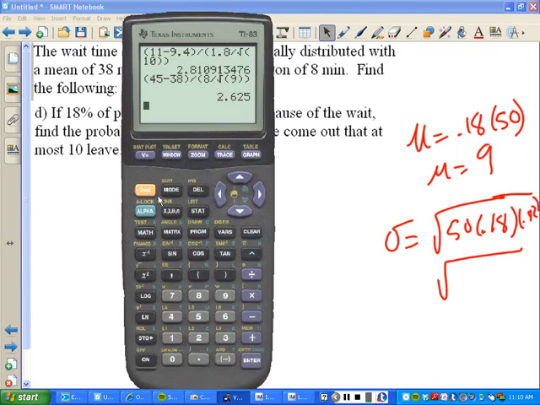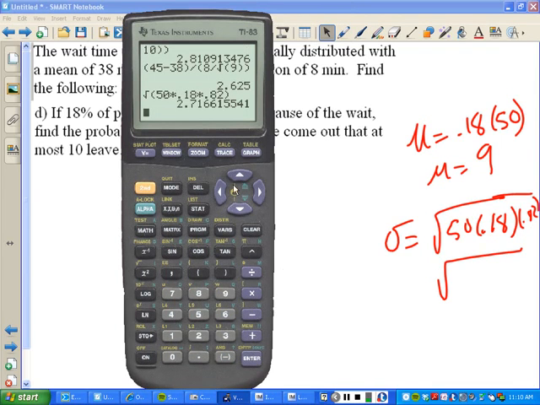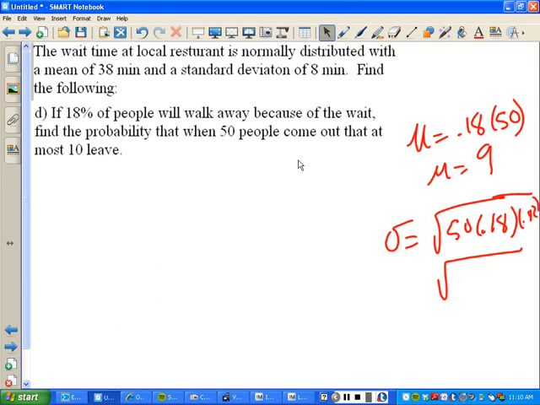Square root of 50. Use the multiplication symbol, please. Don't use the parentheses. You can screw it up pretty good if you do that. 18 times 82. And you'll get 2.7166. Okay, so we'll just say it's 2.72.